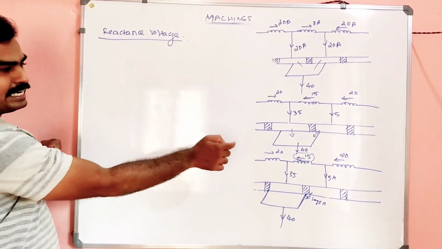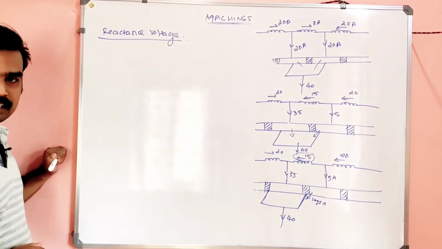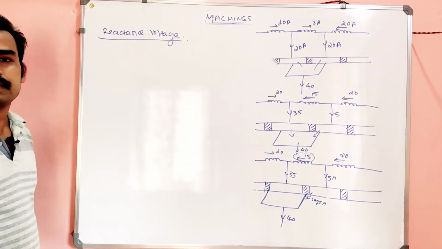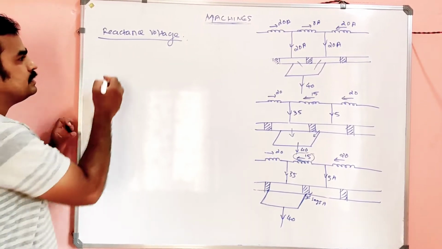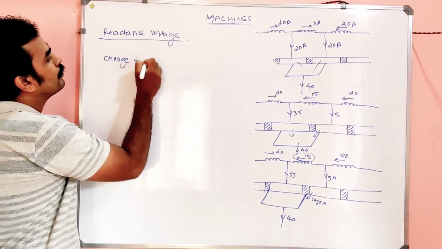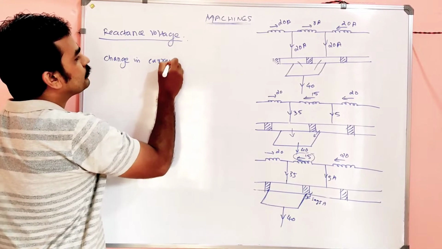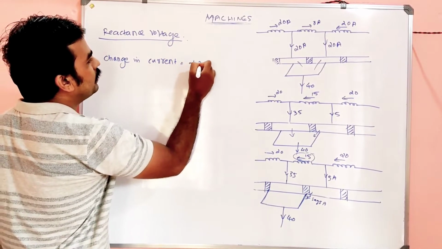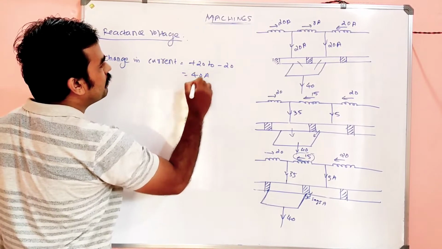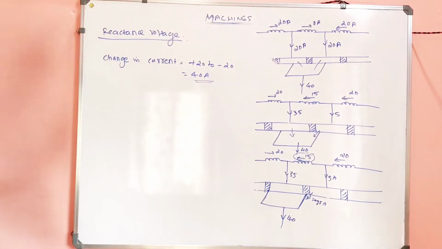So as far as that middle inductor is concerned, there will be a current which is changing continuously. What is the change in current, my dears? Change in current is nothing but plus 20 to minus 20, or simply the change in current is 40 ampere. Am I correct?